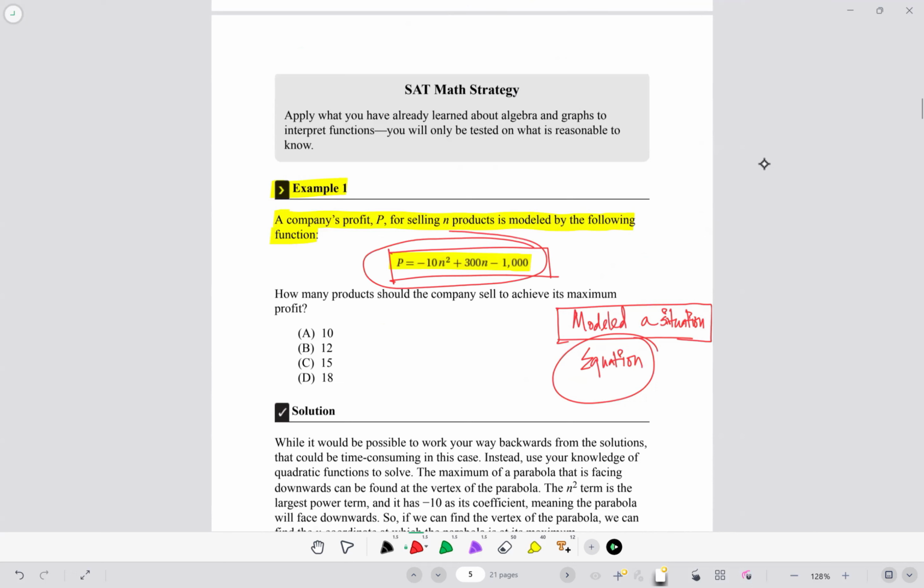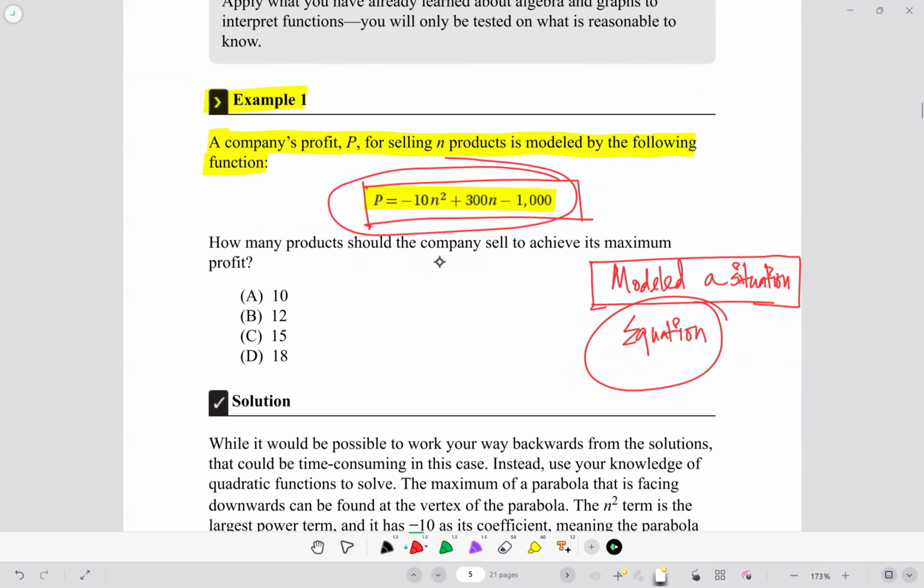Whenever we try to model, our main goal is to write an equation in terms of variables. Am I correct? So this is the equation they have given you, because they have modeled a particular situation.